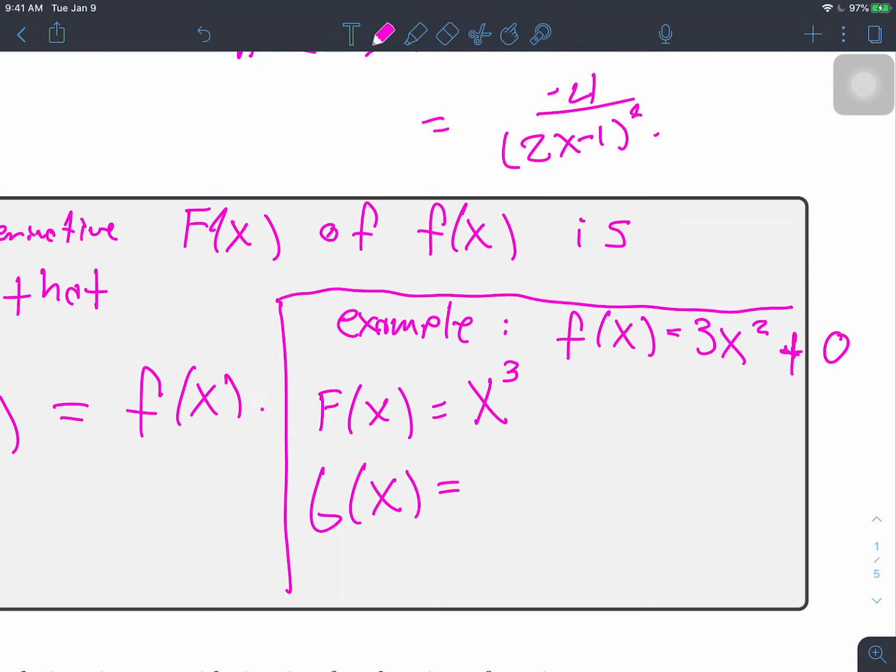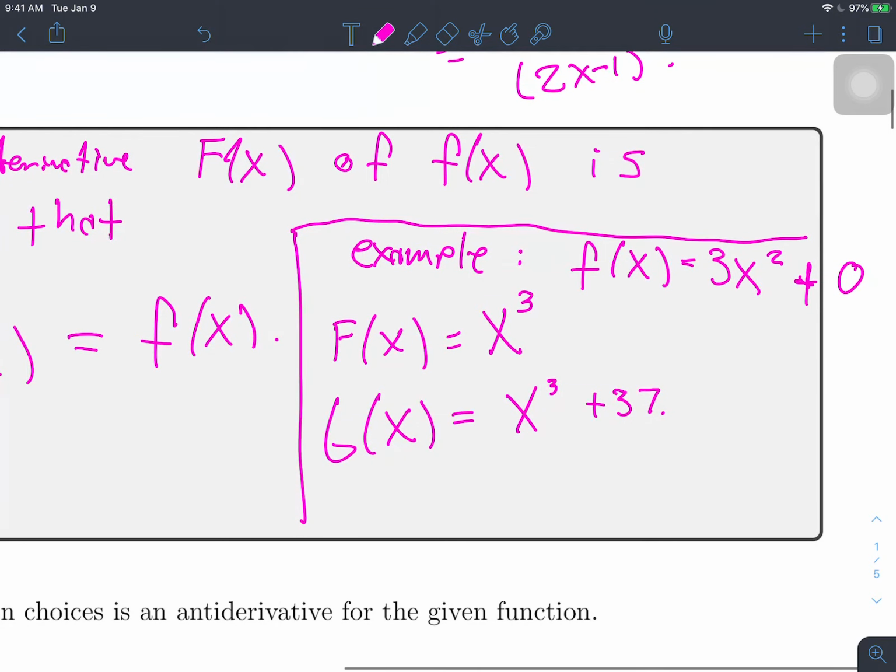What could I do here, Kevin? Should you say x cubed plus any constant? Yeah, we could say x cubed plus any constant. Then that would give us this 3x squared plus 0, right? If I just made g of x x cubed plus 37. Well, if we had capital F and capital G like this, then we would have f prime equals g prime equals 3x squared, right? Because that constant just goes away.